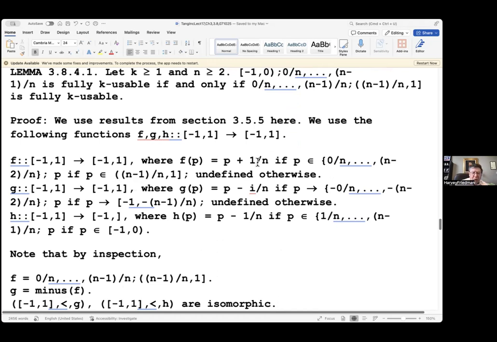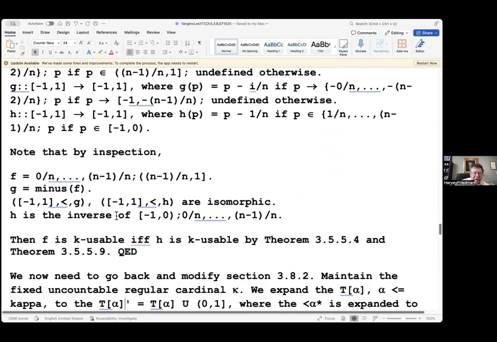So we start with the one that we want. Okay, so we have three functions. I'm not going to go through this too much. But anyways, we have enough stability of usability to actually convert the one to the other using the minus function, which is a reverse isomorphism, and also using isomorphism flat out, and also inverse.